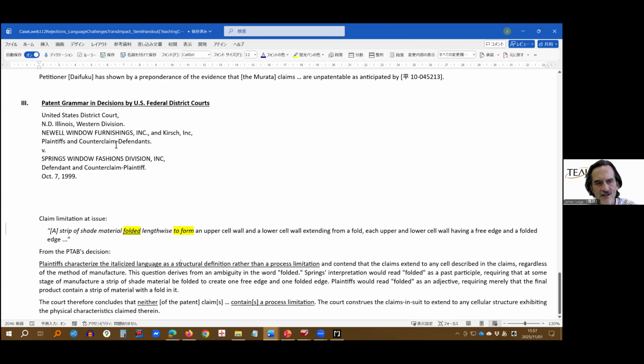The district court in Illinois said very clearly, folded just means folded. It's a structural limitation. It's not saying that, in this case, a window shade had to be formed by a particular kind of process of folding.